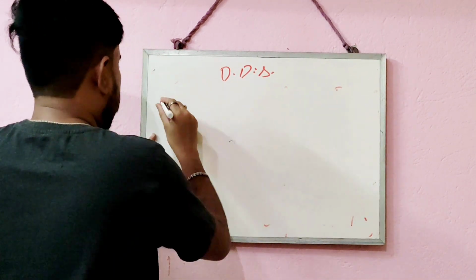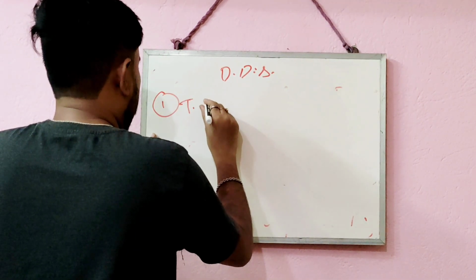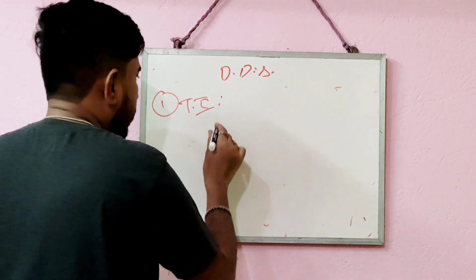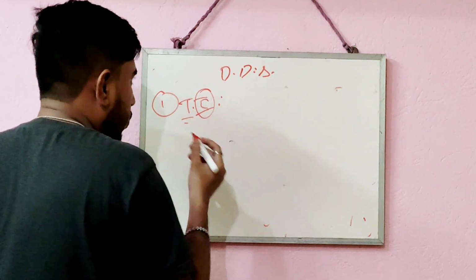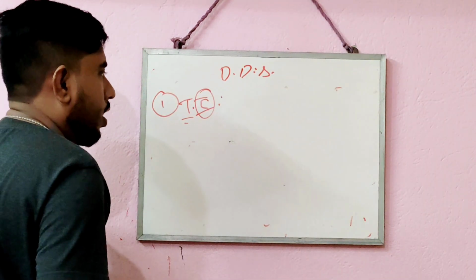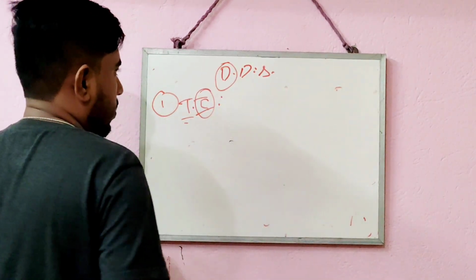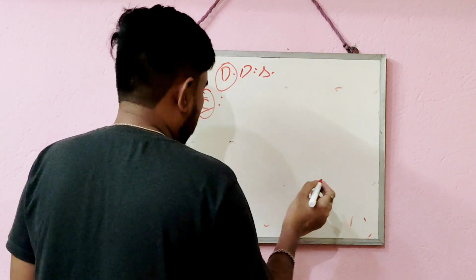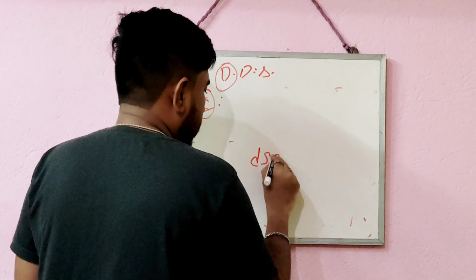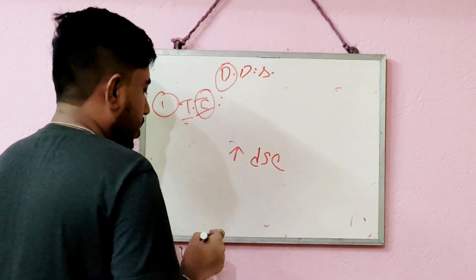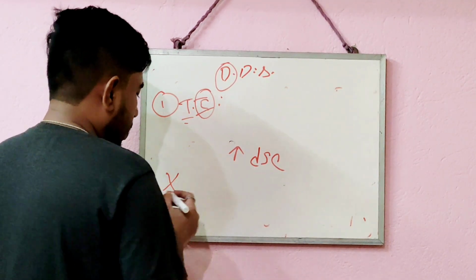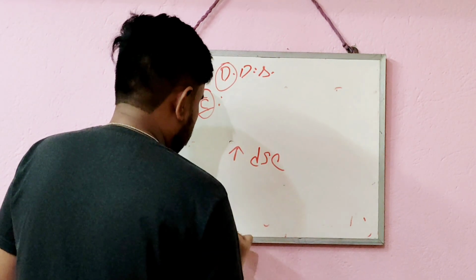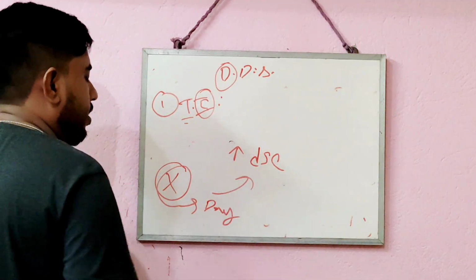The first step of drug discovery is target identification. By the name only you can understand, we have to identify the target for which we are discovering the drug. In the world, a specific disease is increasing day by day, but there are no available drugs in the market that can effectively treat that disease.